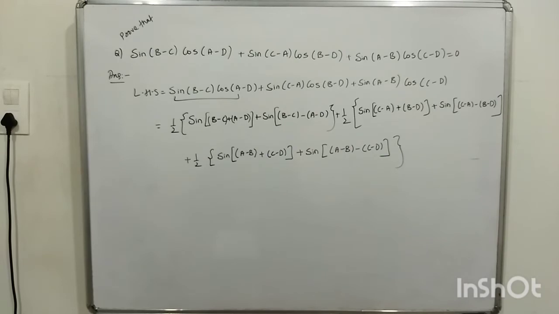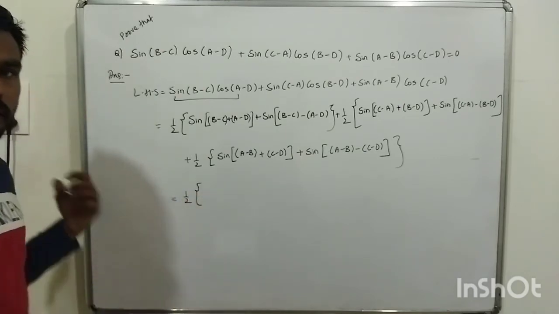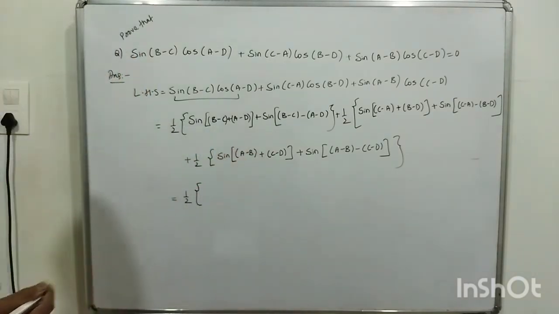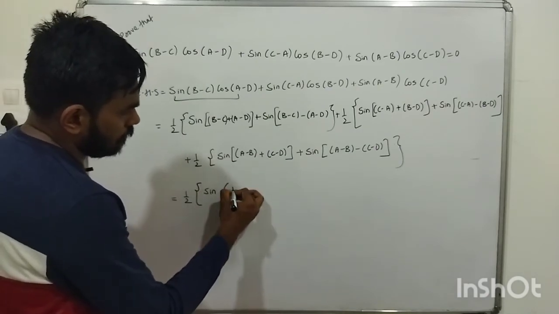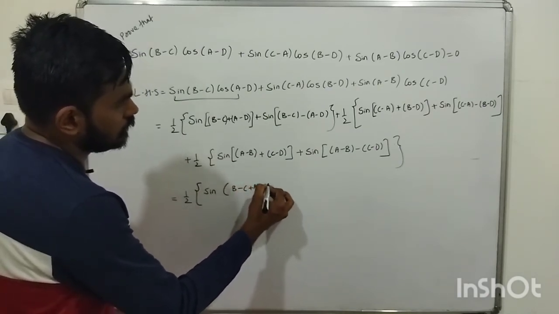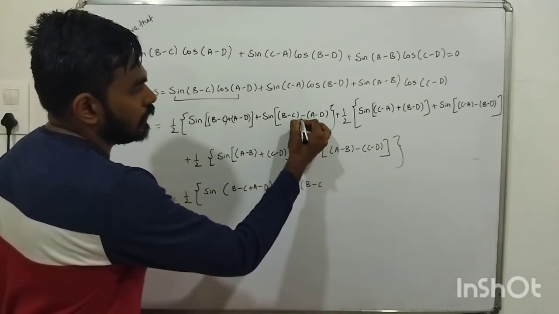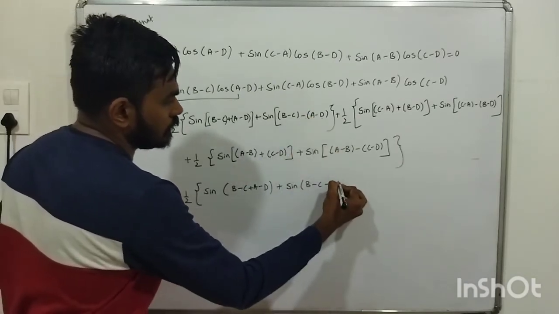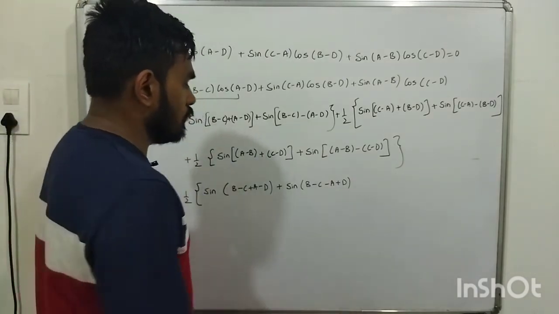Let's see what we get after we simplify this. Half, next sin(b minus c plus a minus d) plus sin(b minus c minus a plus d). Okay, first thing is done. I'll take half common throughout.